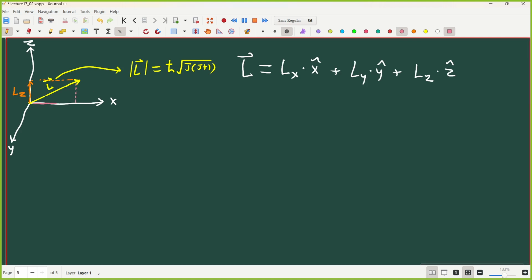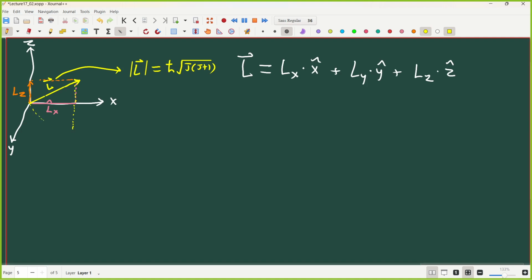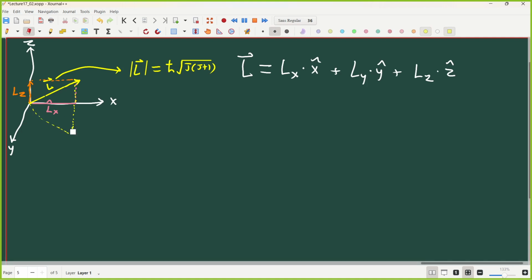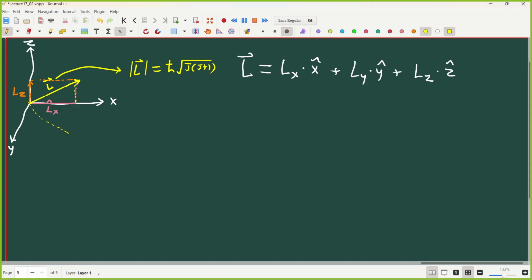This is Ly, or Lx. And if we want to measure the y value, it's a little tricky to draw. I'm just going to project it along this axis and erase this. Sorry, my pen is freaking out.